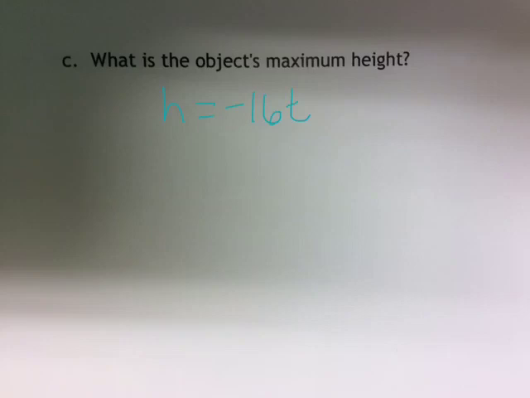So it's negative 16t squared plus 120t plus 3. And I'm going to substitute 3.75 in for t, because I know that it's reached the maximum height at that point. So we'll do h of 3.75. I'm going to run out of room here.